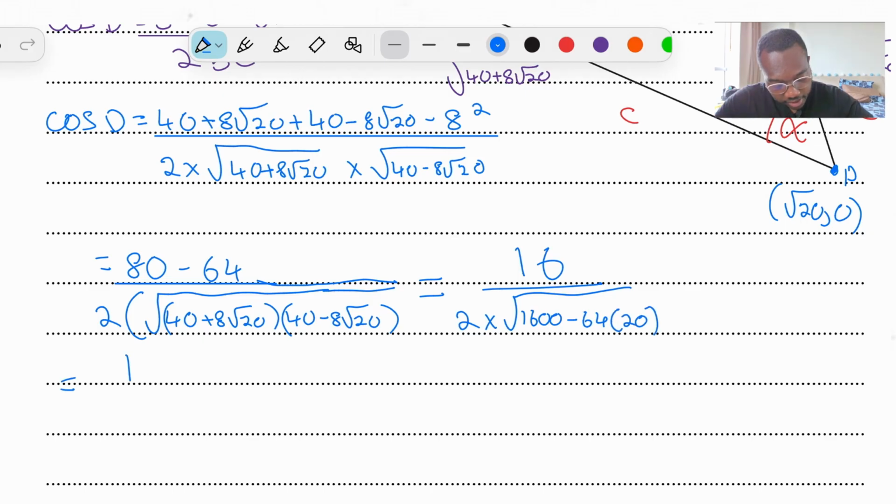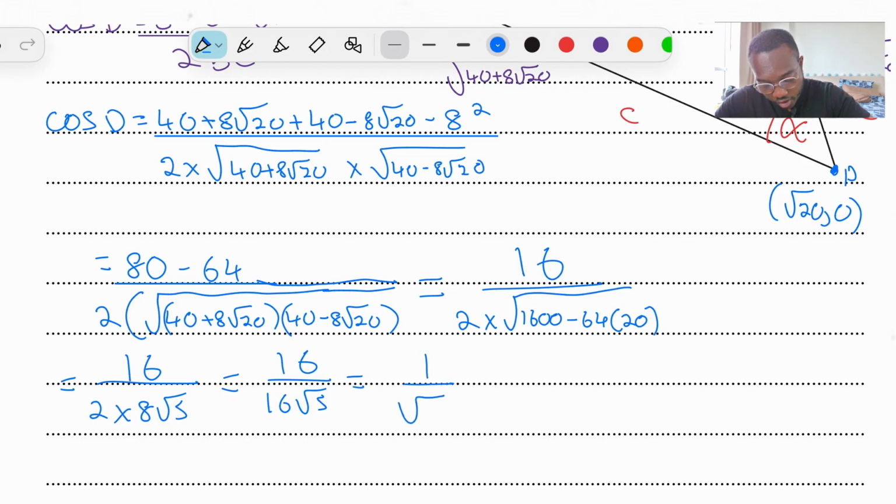So now we get 16 over 2 times the square root of 1600 minus 64 times 20, which gives 8 root 5. Therefore we get 16 over 16 root 5, which is simply 1 over root 5.